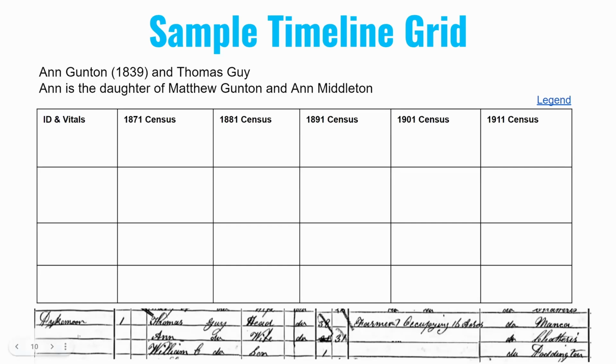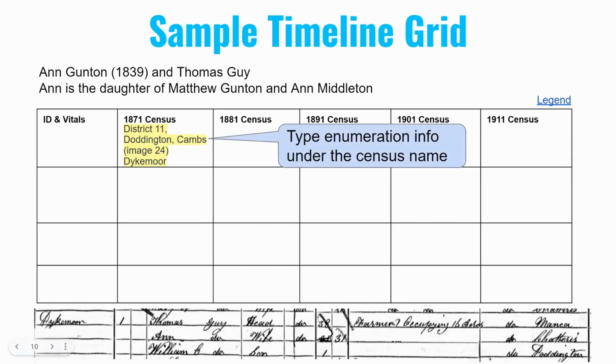So the first thing we do at the top of the screen is to type the enumeration information, so where they were enumerated. And I found that that's really helpful for a couple of reasons. One is that as I have the enumeration information for every census year, it gives me a sense of the pattern of residences.